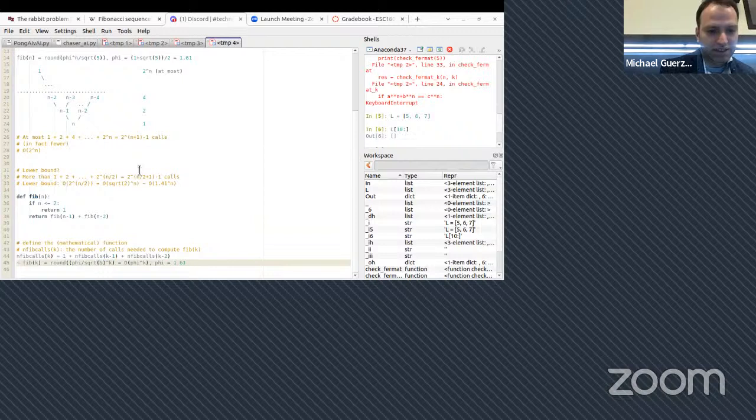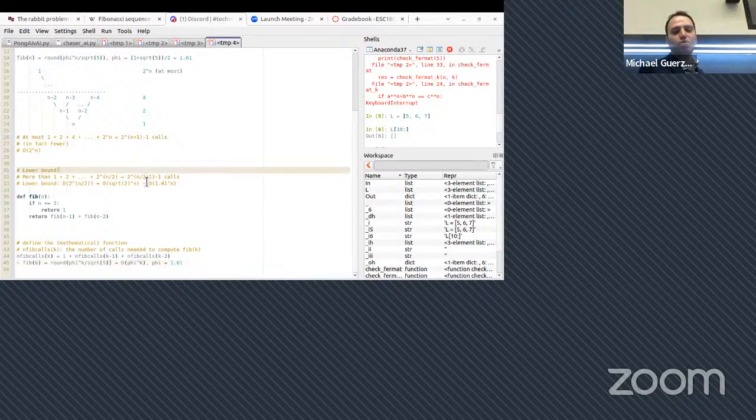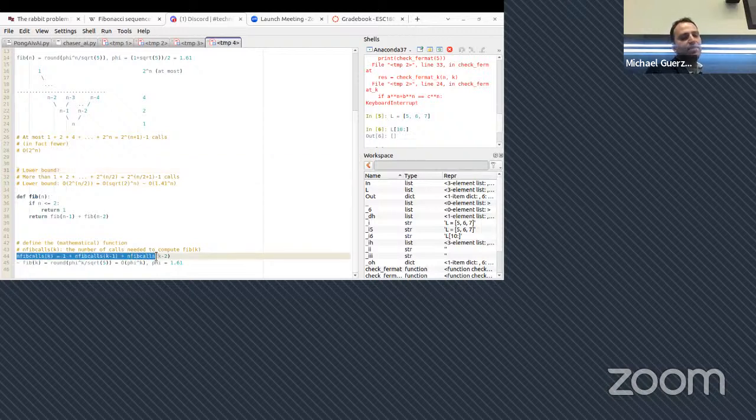Sorry, so the k is here. And then here it happened that we could do this kind of mathematical trick where we said, well, it turns out that the number of calls, we can write the formula this way, and this formula turns out to make sense. You can always write a formula like this.